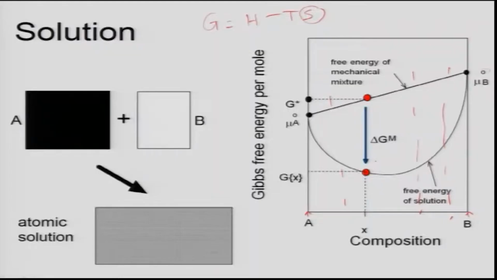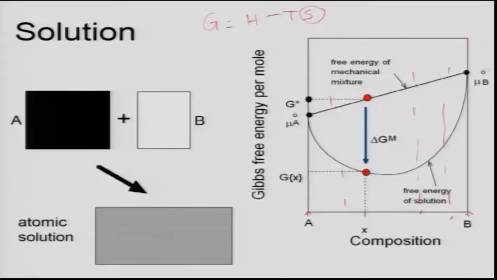So, whatever you see in the books, delta G mix or delta G m, delta G with either capital M superscript or small m superscript, is basically because of the atomic mixing. And the top straight line is basically the rule of mixture, that is step 1.